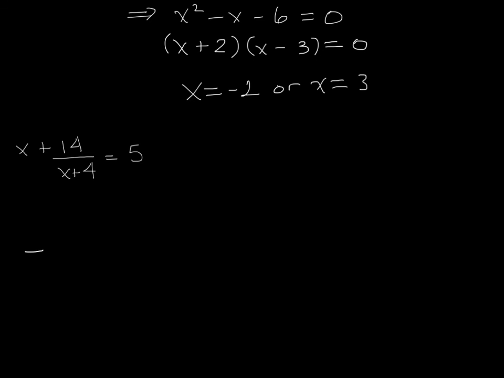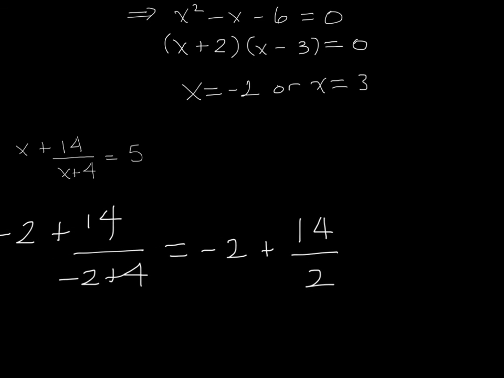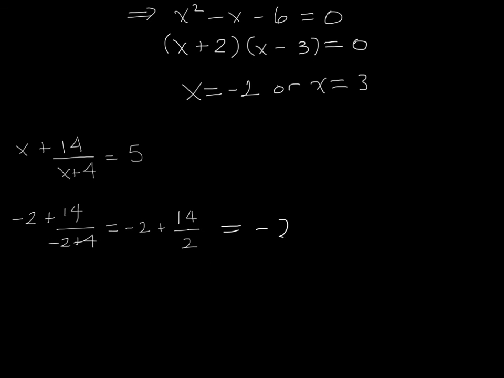So we're looking at -2 plus 14 over -2 plus 4. That's plugging into the left-hand side, which equals -2 plus 14 over 2, which equals minus 2 plus 7, which equals 5, and we have a solution here with the minus 2.